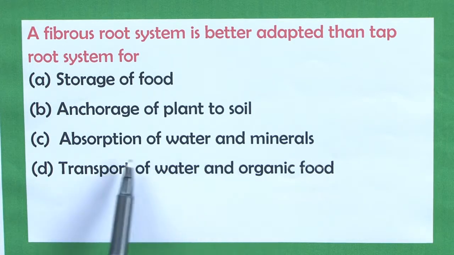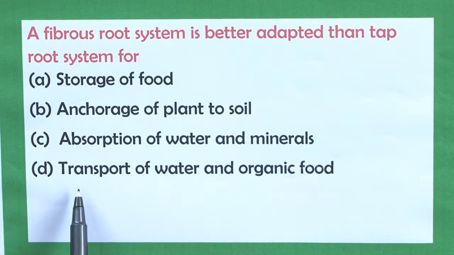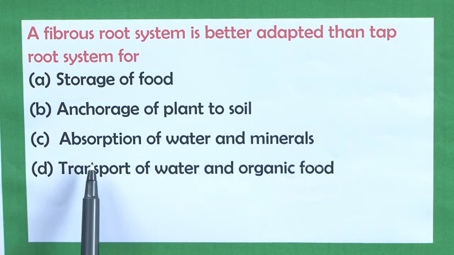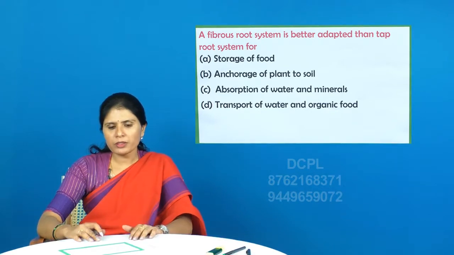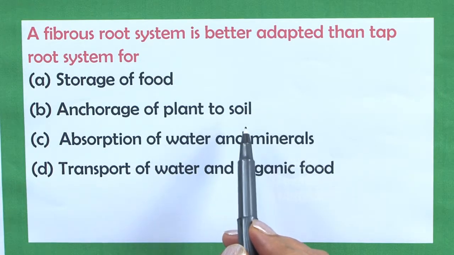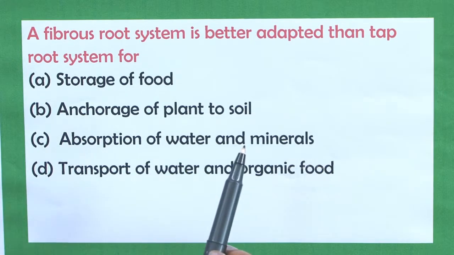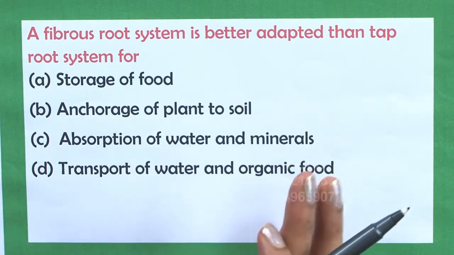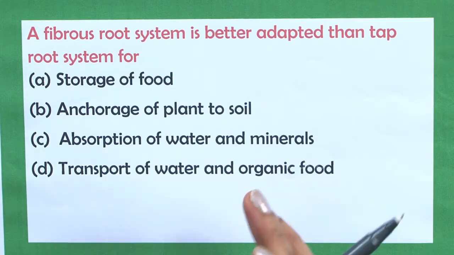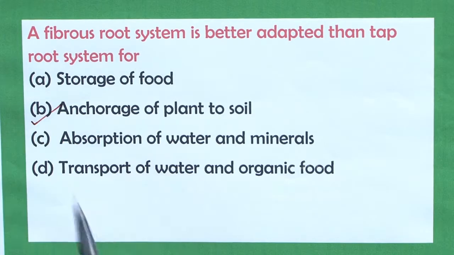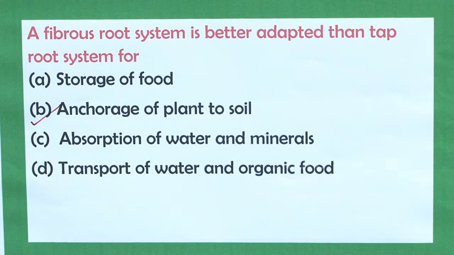So, option D will be well adapted for the taproot and not for the fibrous root. The appropriate answer would be anchorage of plants to soil. Fibrous roots are formed in a cluster at the lower nodes of the monocots, and anchorage of the plant to the soil is the better option.